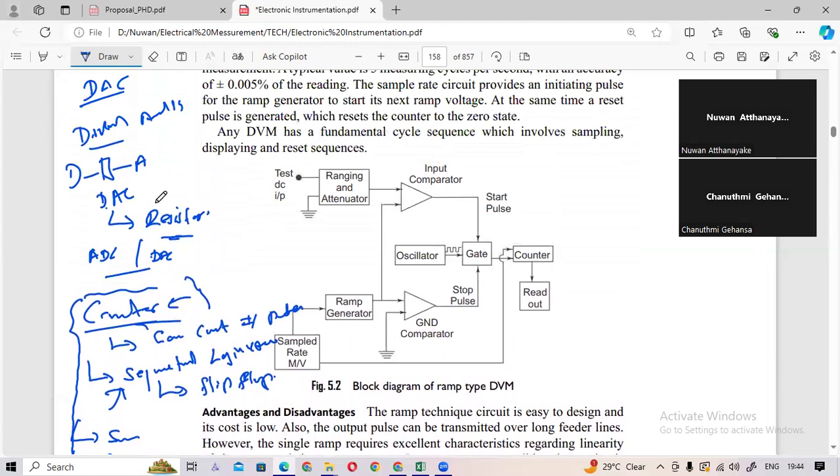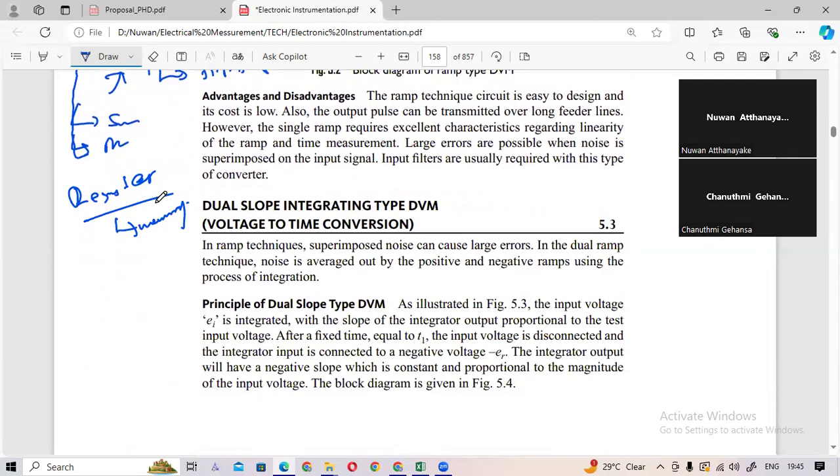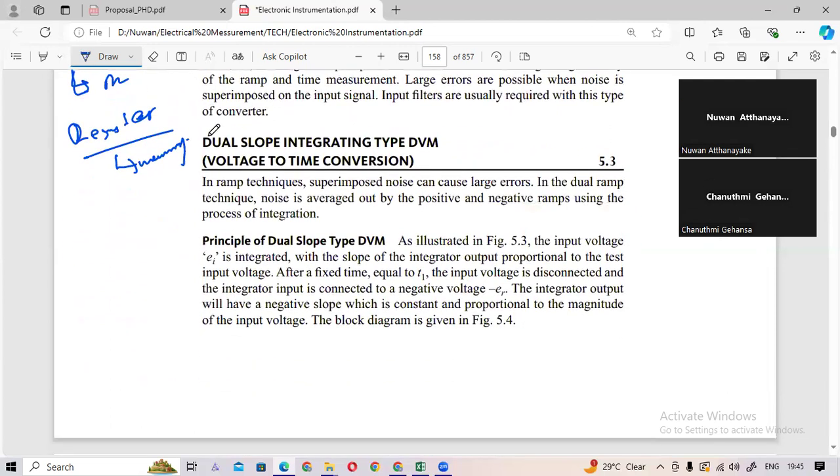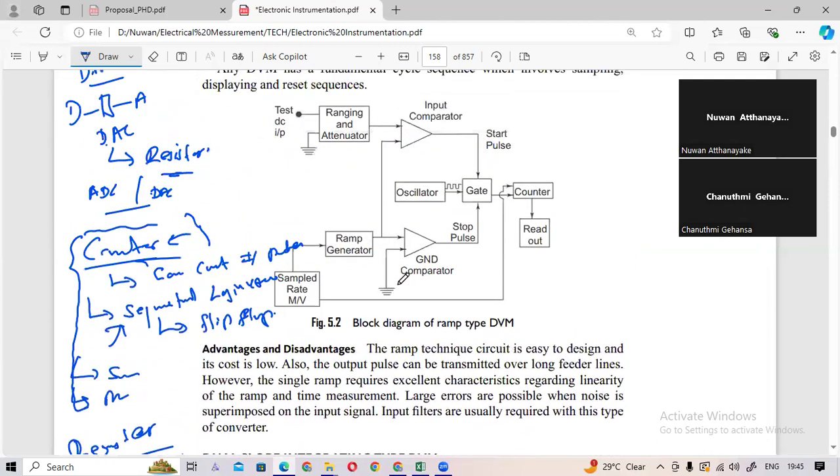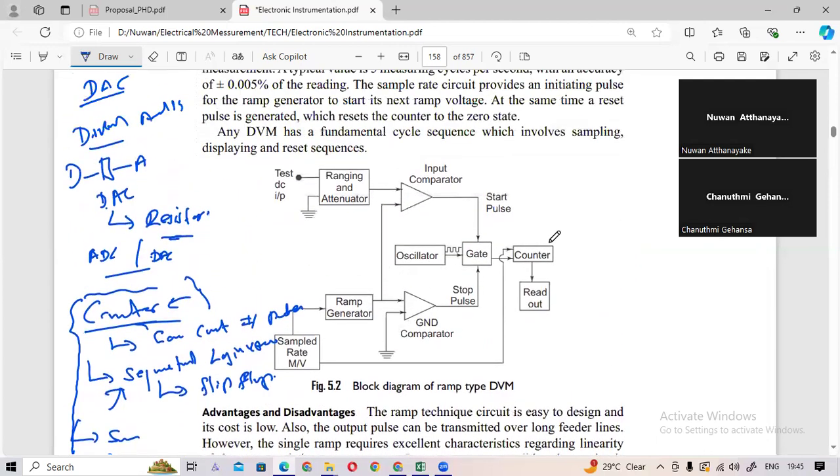instrument may be needed to develop digital instrumentation. Okay. So here you can see that the counter is there for a ramp type DVM. Okay. Ramp type DVM counter is there.